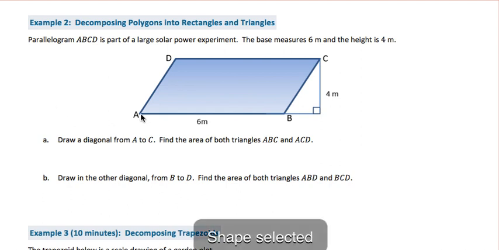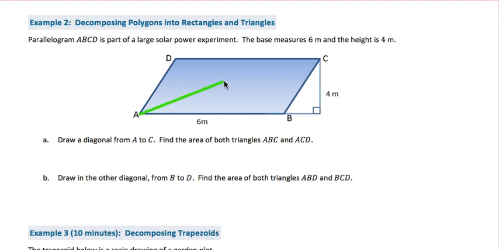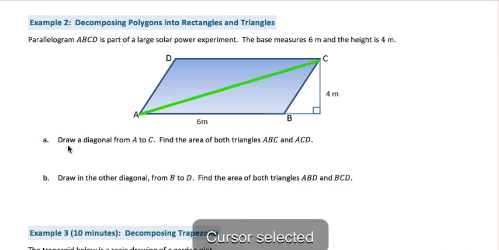So let's start off drawing our diagonal from A to C. And then to find the area of both triangles, we again would have 1/2 times the base times the height.